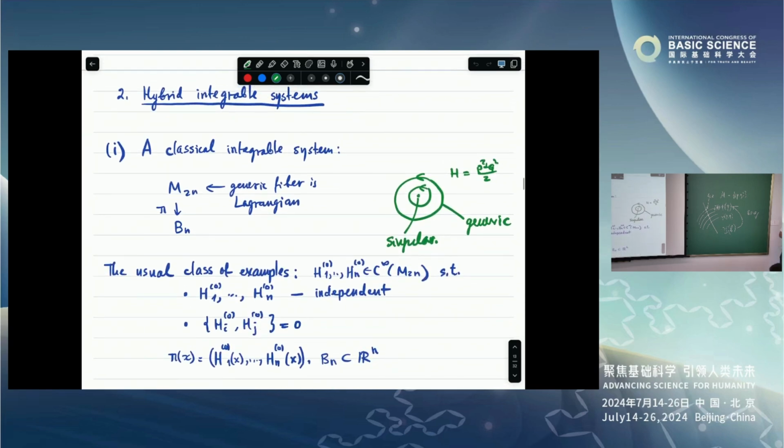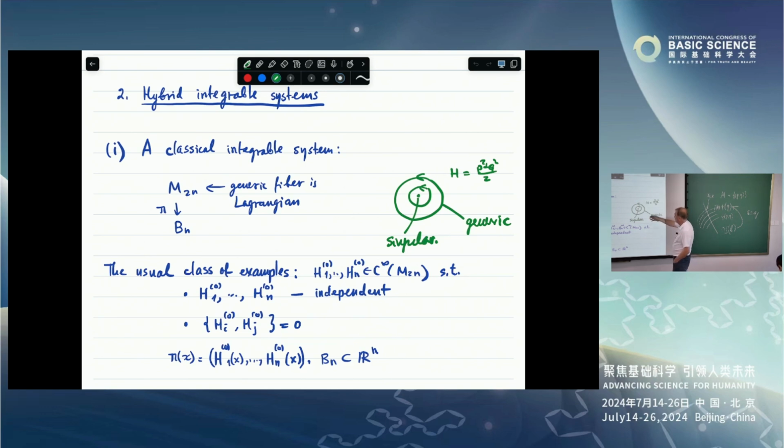So now hybrid integrable systems. I'm postponing the relation to deformation quantization. Just you will see that everything that I say is very natural. So what is a hybrid integrable system? Classical integrable system is just a Lagrangian fibration, meaning that the generic fiber is Lagrangian.